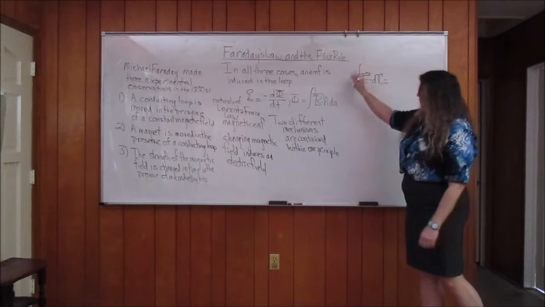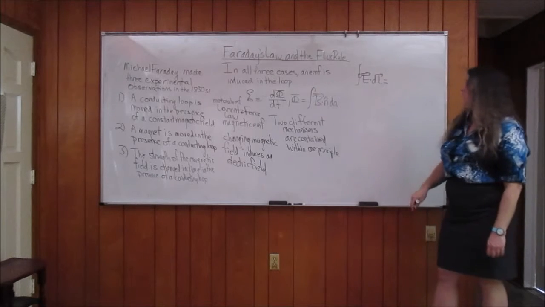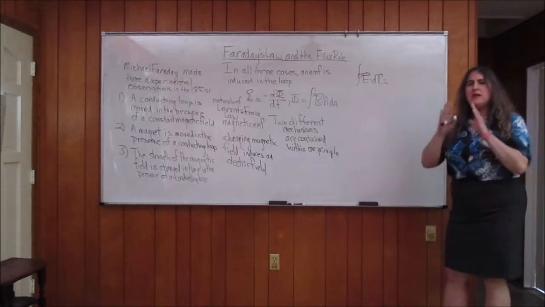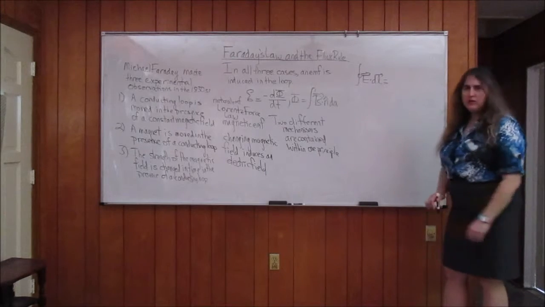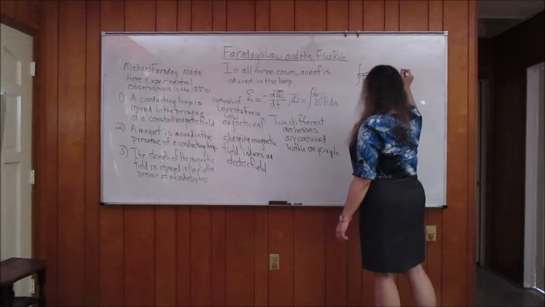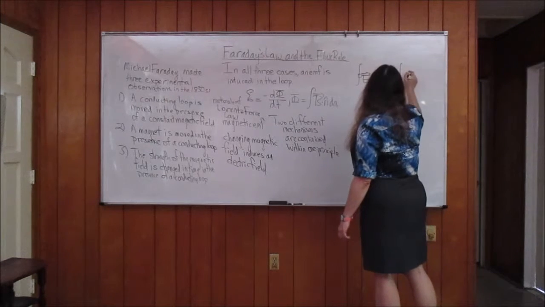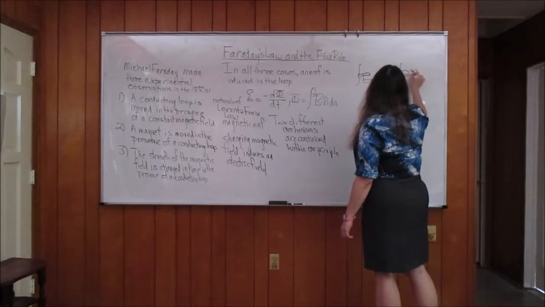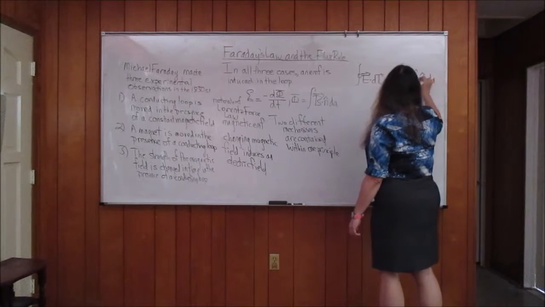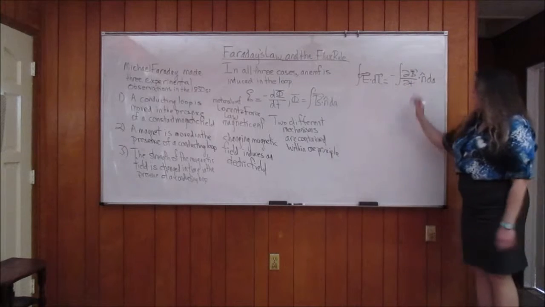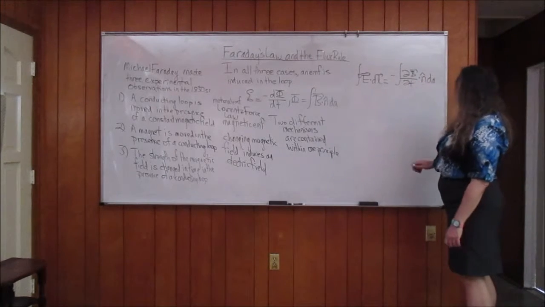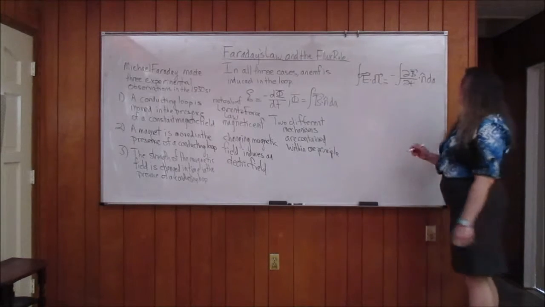So, for the case we're looking at, we've got time-varying fields at play, so therefore, the line integral of this electric field, not electrostatic, definitely not conservative, is equal to, on the right-hand side, minus the surface integral of the partial derivative of the magnetic field with respect to time dotted into the normal to the surface over which you are integrating.